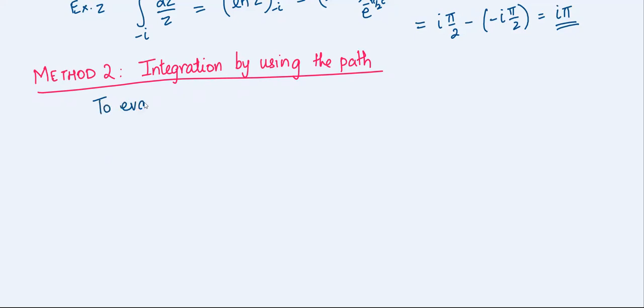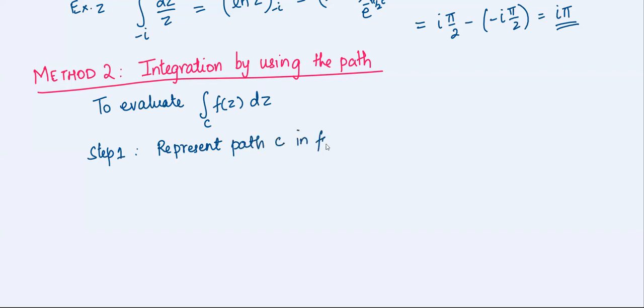Now, to evaluate integral f of z dz along a path C, we have the following steps. So first step is represent path C in the form of a parameter.